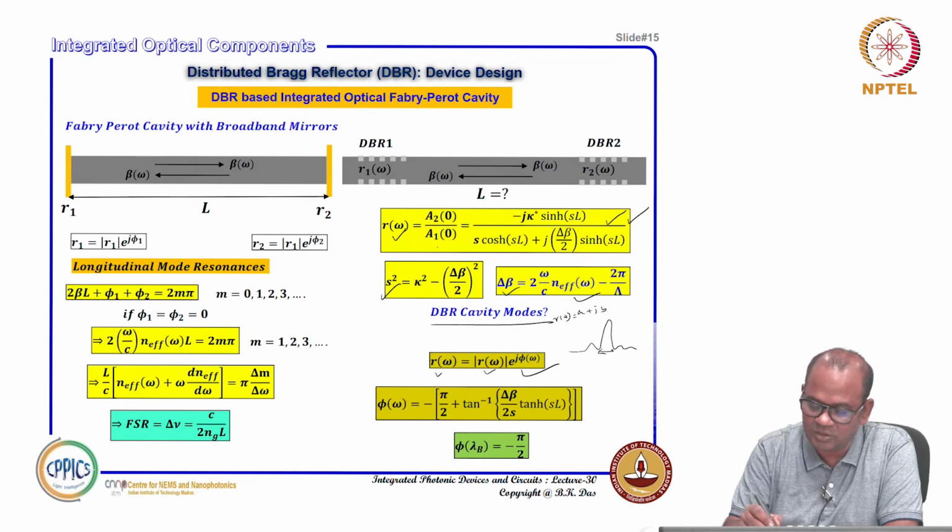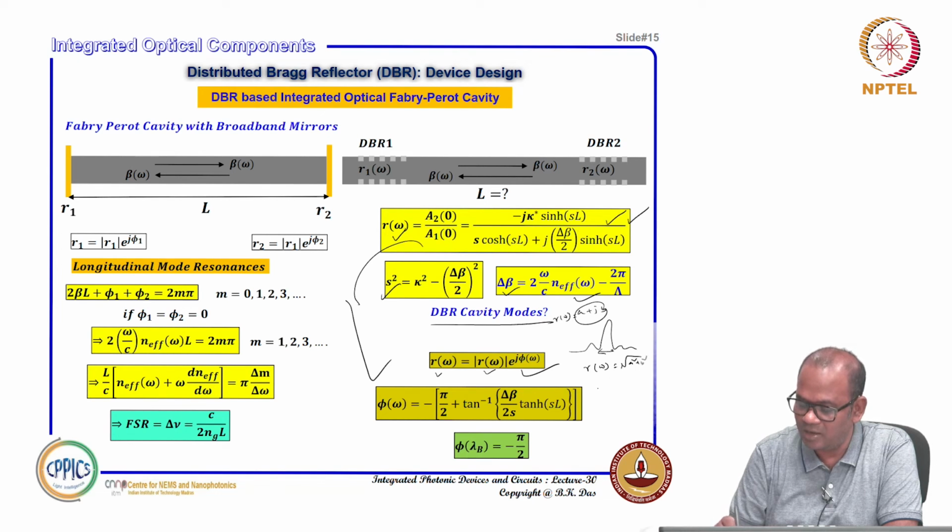And if you derive this one here, you express it like this, then we can get R omega as square root of A square plus B square, and the phase angle phi will be tan inverse B by A. So, you can express this and find the phase.